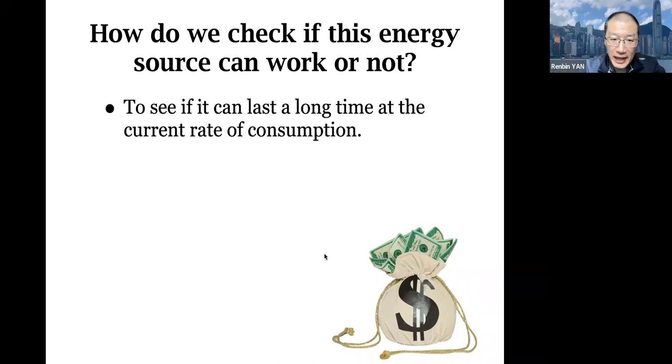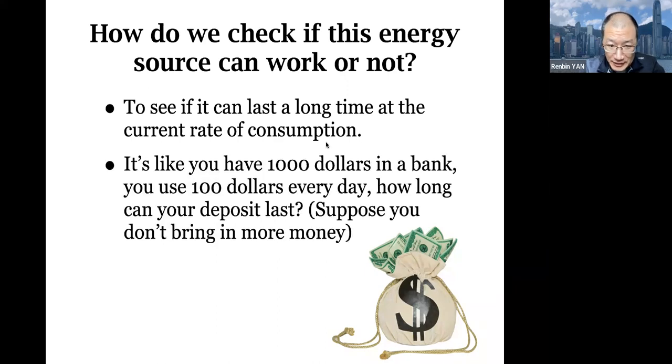In order to do that, we need to see how long it can last at the current rate of consumption. Basically, the sun is giving out energy every second, and you need to see how much total energy it has, and then see how fast it is using it. Then you can know whether it will last a long time or not, because we know the sun has been shining for a very long time, not forever, but for a long time.